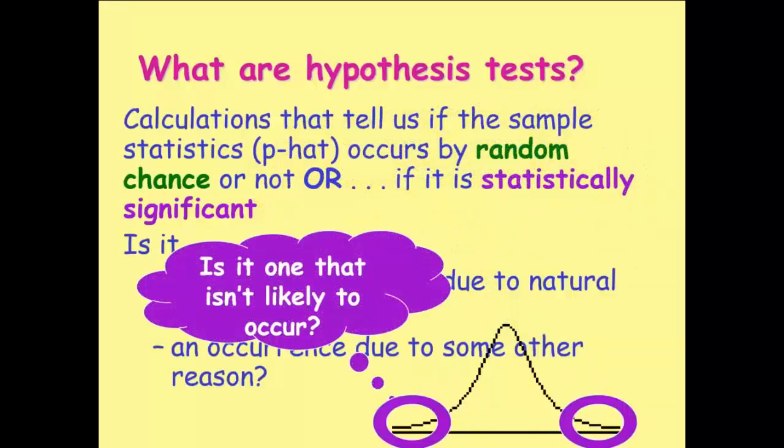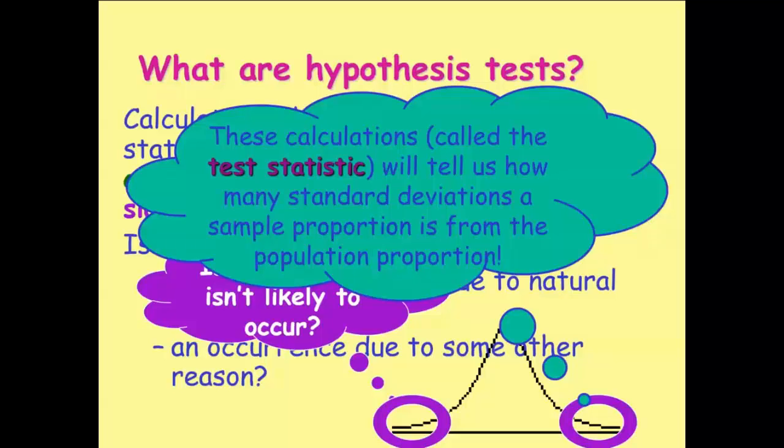But the stuff at the ends, that's where we stop and think: if it's in the extreme values of the data, then perhaps there's something interesting that might have occurred. And how likely, or what percent of the time, would that happen? So this hypothesis test process will give us a number, a probability, a p-value, that we can then use to determine whether or not something interesting has happened.